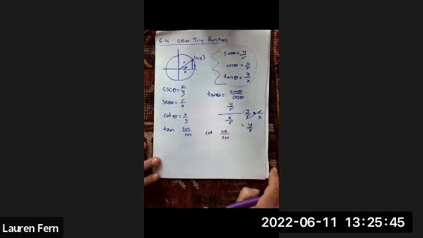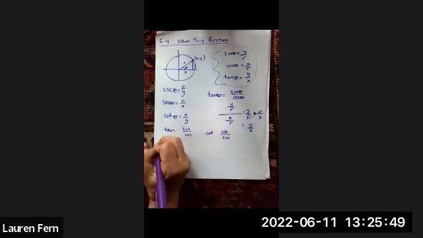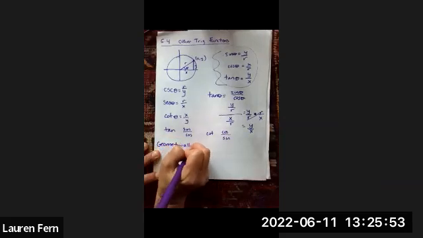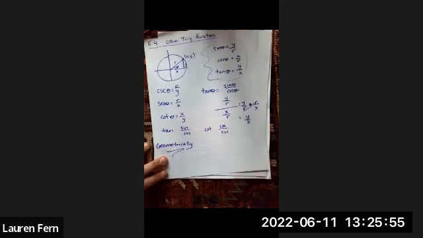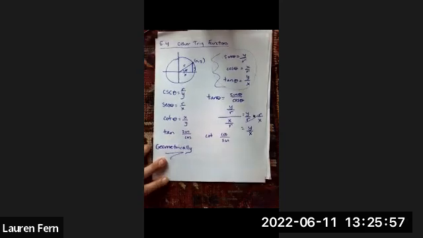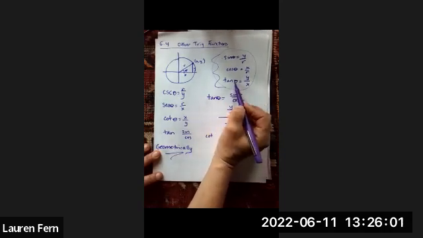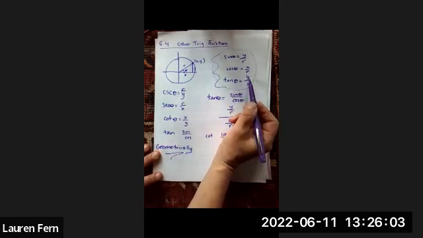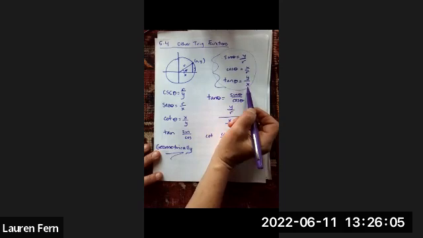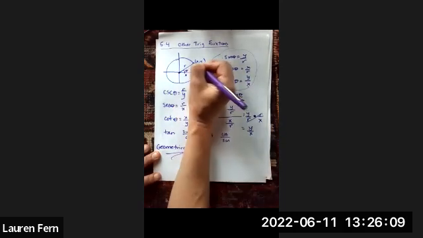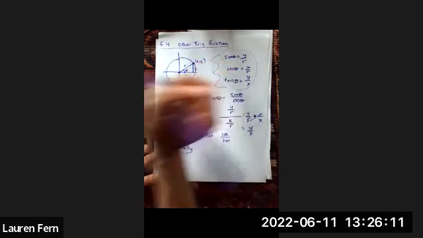Now one thing I want you to note is, geometrically speaking, and for those of you going on to calculus, this is a really cute little thing to notice, that the definition of our tangent corresponds to the slope of the line between our origin and our x, y.